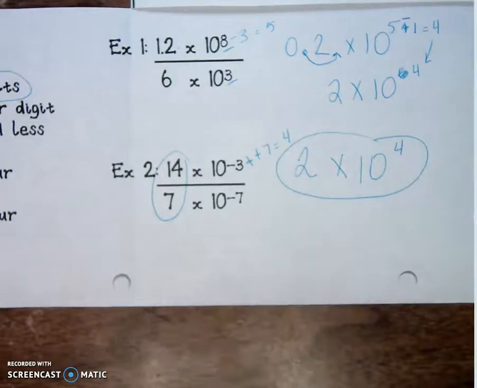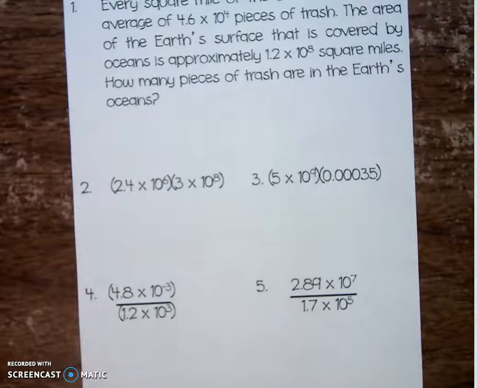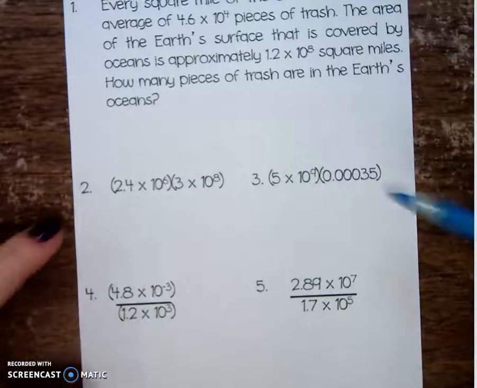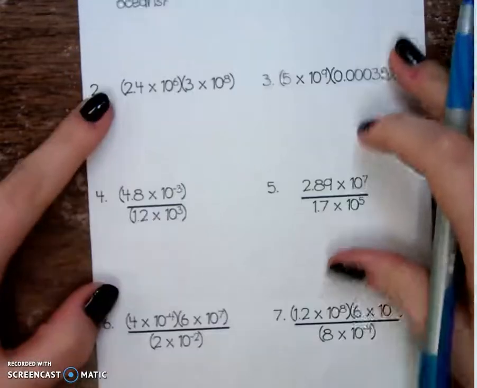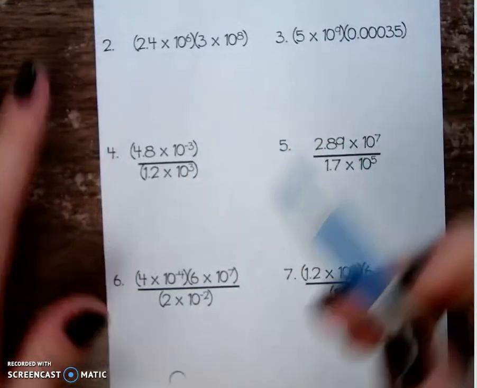Okay? Your left-hand page looks like this. And we can go ahead and do one together. Let's do number 4. So we have a division problem.